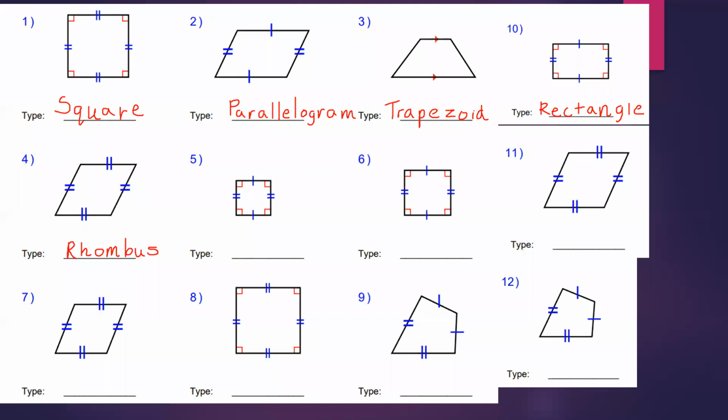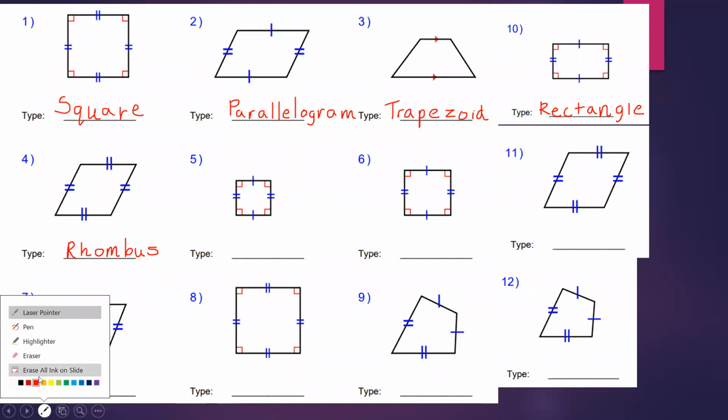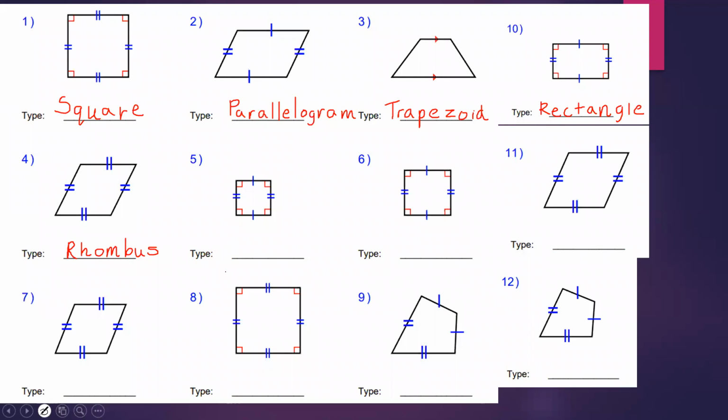Let's move on to question number 5. Jevin, can you answer number 5, please? I think it's a rectangle. Why do you think it's a rectangle? Because it has the double strokes. Each side equals each other.